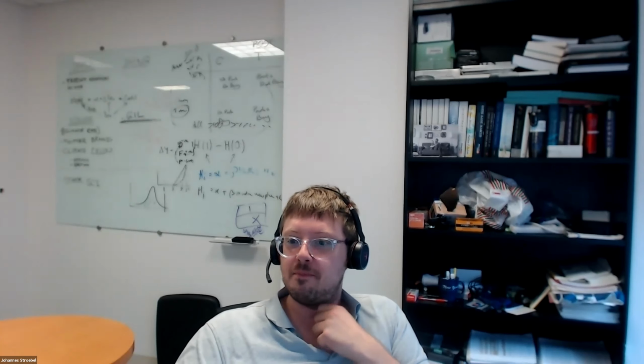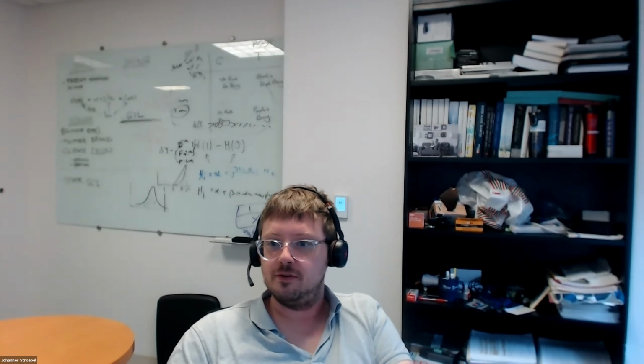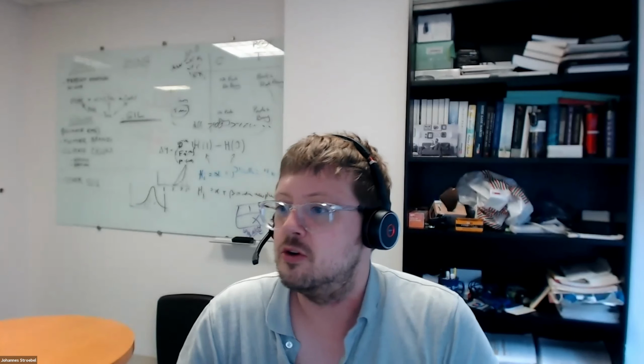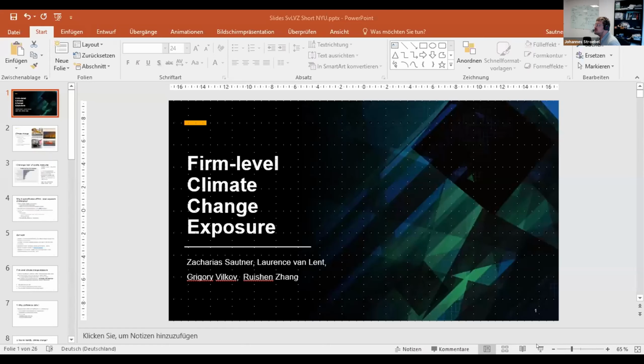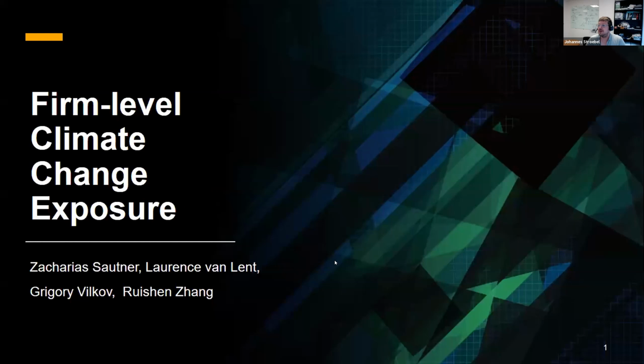So we're going to now turn over the floor to Zach Sautner from the Frankfurt School, who's going to talk to us about measuring exposure to climate risk in settings where it's not quite as easy as for real estate, just to look at where it's located and then combine it with the NOAA model.